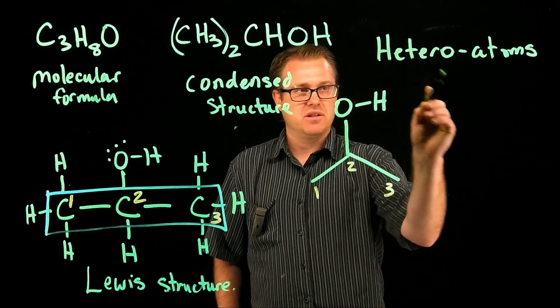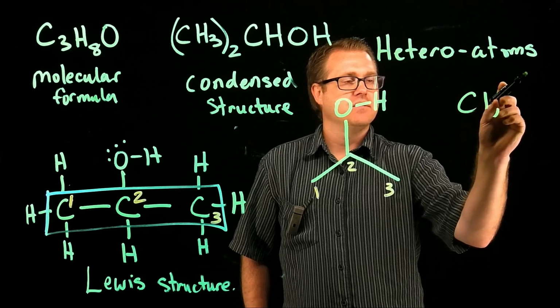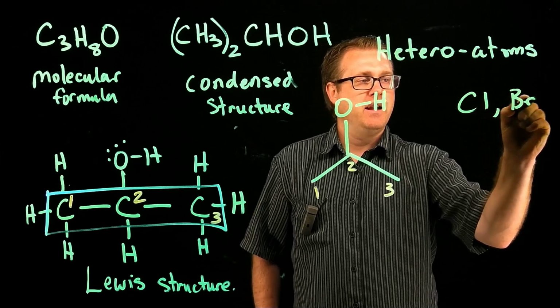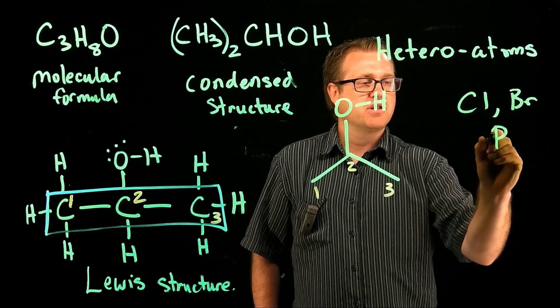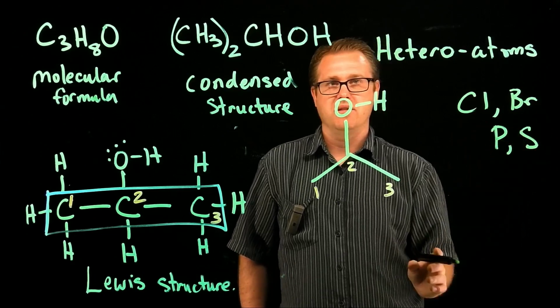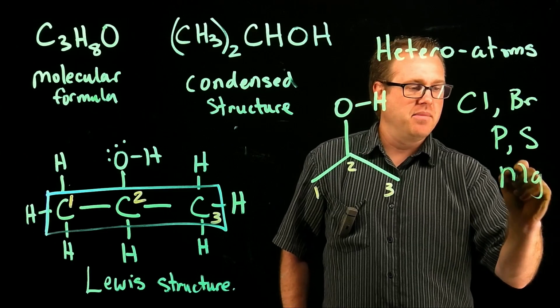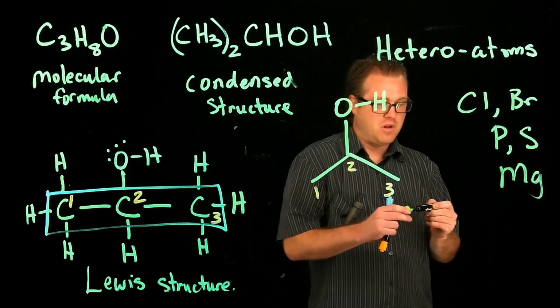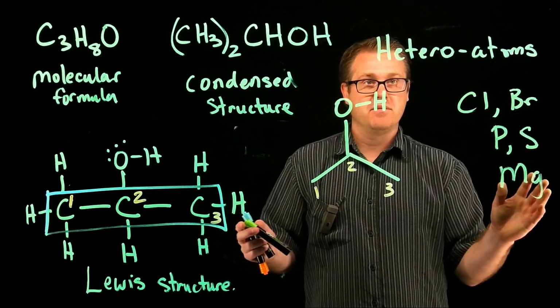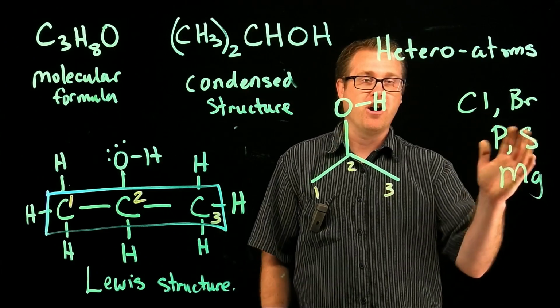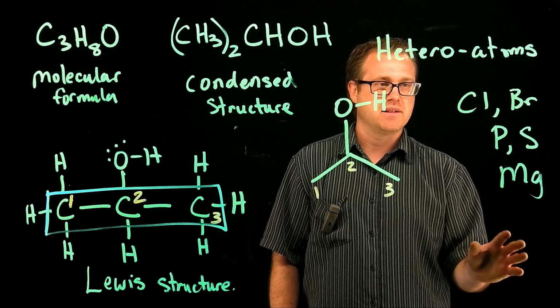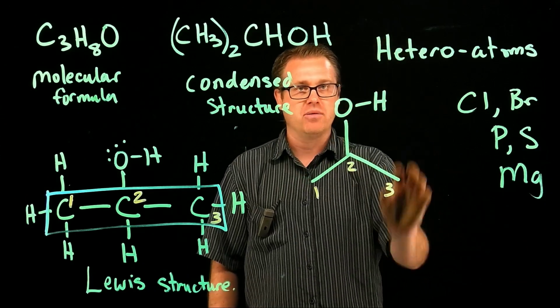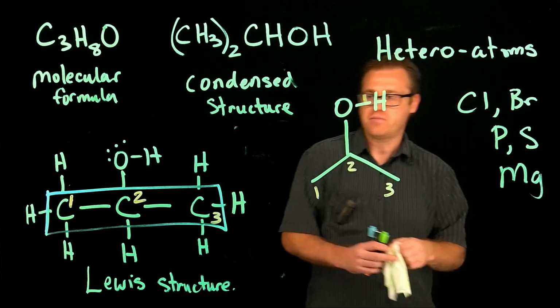So halogens, your chlorines and your bromines. What if you want to put phosphorus or sulfur or a metal like magnesium? Whenever you have heteroatoms, which are non-carbon, non-hydrogen elements, you have to draw them out in the zigzag structure.